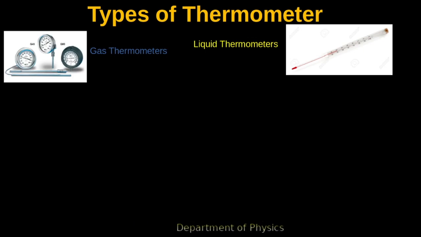Gas thermometers are based on the principle of change in pressure or volume with change in temperature. Examples are Callendar's constant pressure thermometer, constant volume hydrogen thermometer, etc.